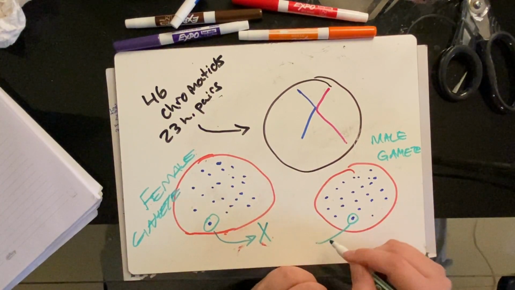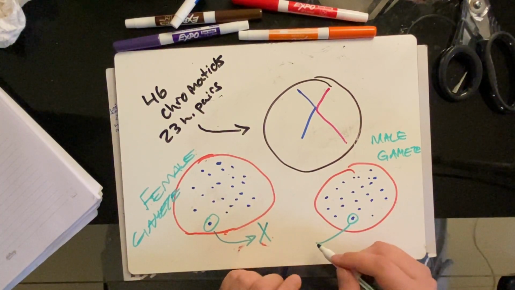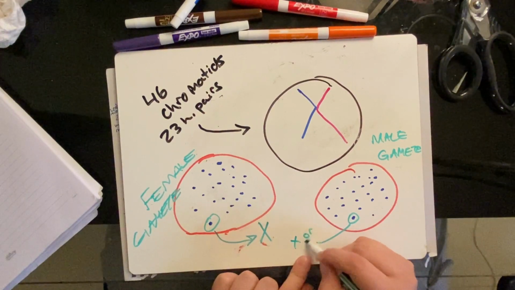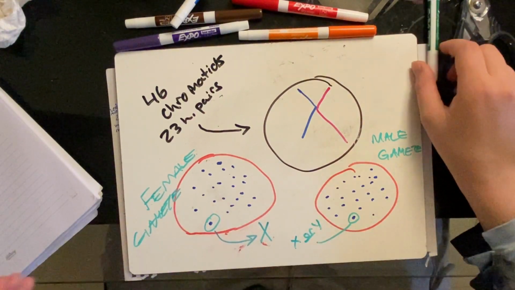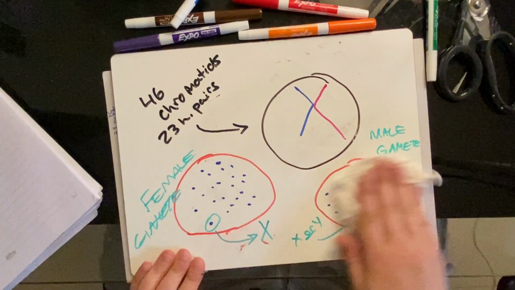One of these for sure is either going to be an X or a Y. Now that we understand that, we can erase all of this.